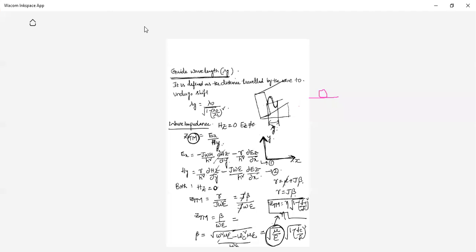Are you getting? Understood? This wave impedance concept understood? This is most important. These 6 parameters are very important.